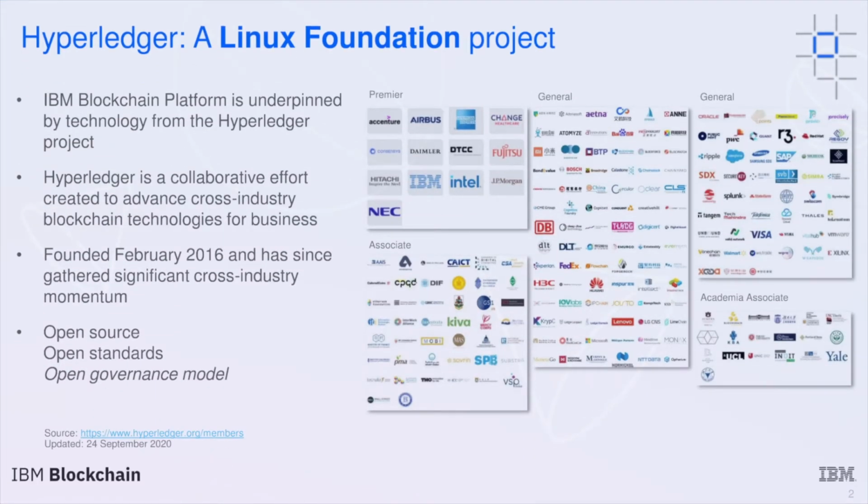Hyperledger is basically a collaborative effort created to advance blockchain technology by identifying and addressing important features for a cross-industry open standard for distributed ledgers that can transform the way business transactions are conducted globally.